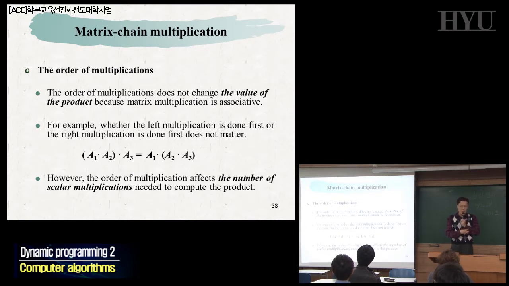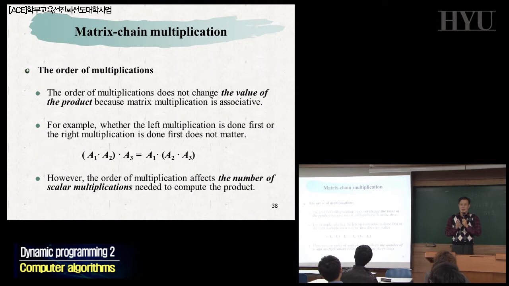Then I will explain the order of matrix multiplications. The order of multiplications does not change the value of the product because matrix multiplication is associative.